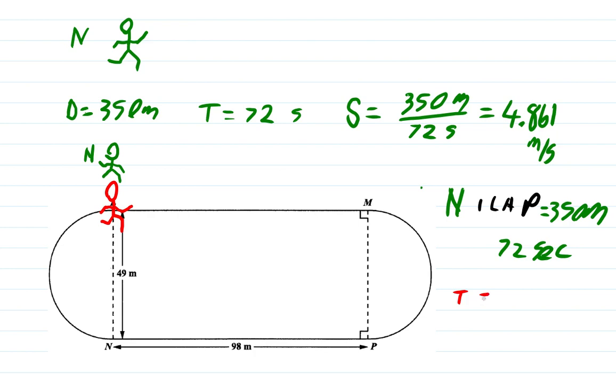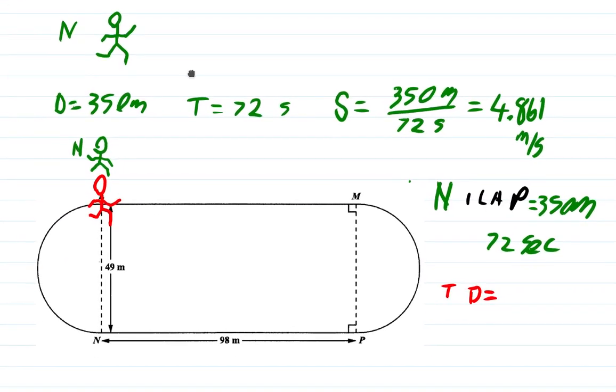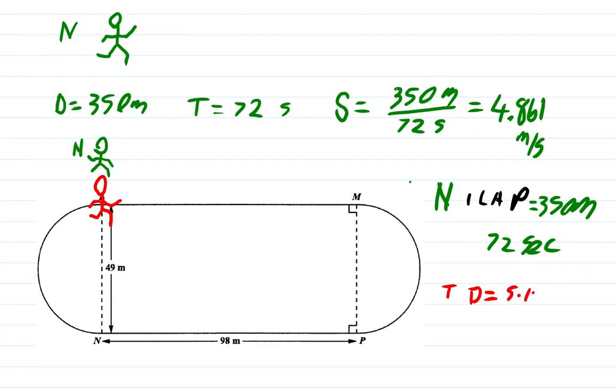Tafari's speed was 5.147 meters per second. So when Nathan does 1 lap, where is Tafari? That's what I'm trying to find out.